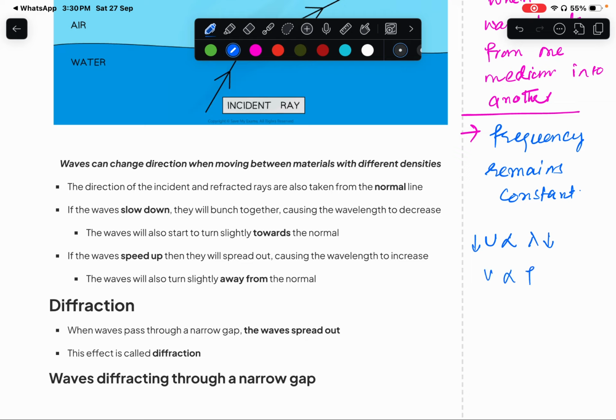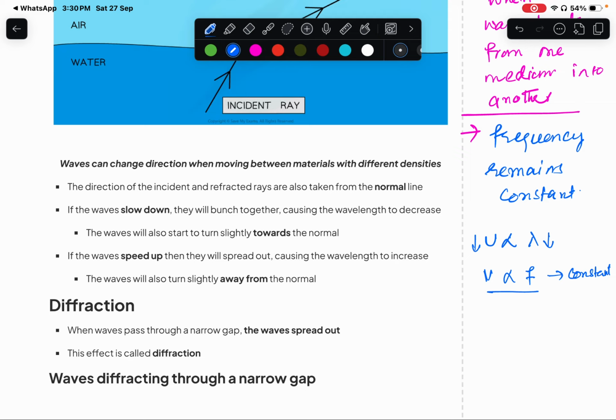So it means that the frequency remains the same. The speed is not changing because of frequency, because frequency is constant, right? So that is the reason the speed is changing, because it is changed by the wavelength.